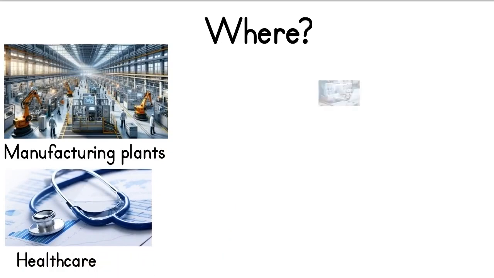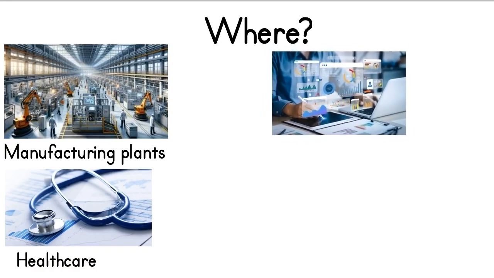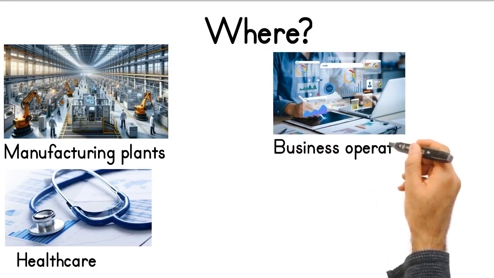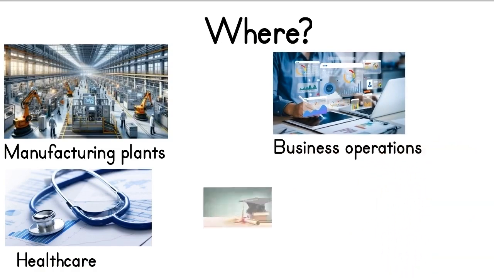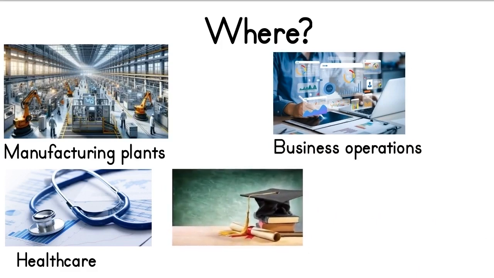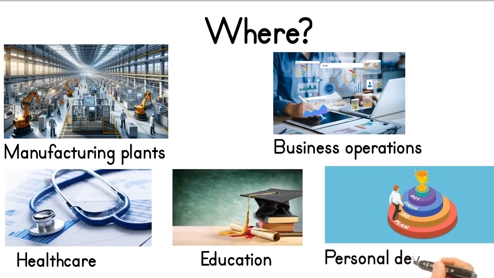Business operations, to optimize business processes, such as customer service, sales, and supply chain management. Education, for curriculum development, teaching strategies, and student outcomes. Personal development, individuals can use PDCA for self-improvement, learning new skills, or achieving personal goals. Essentially, PDCA is applicable anywhere continuous improvement is desired.